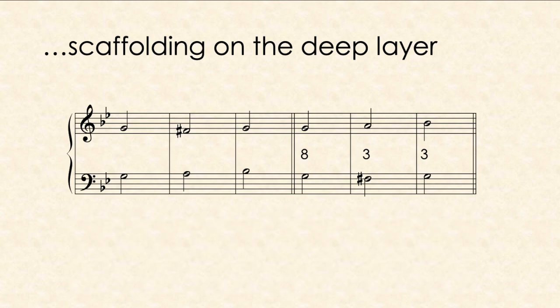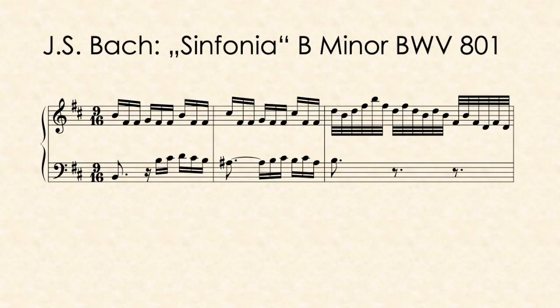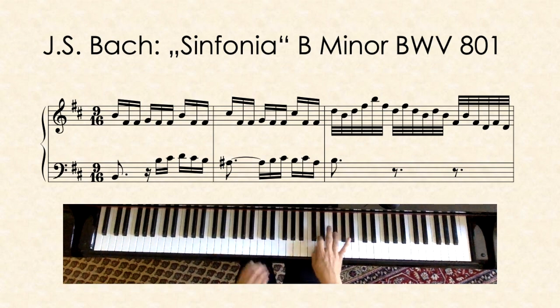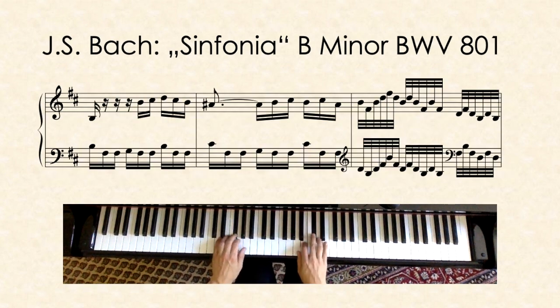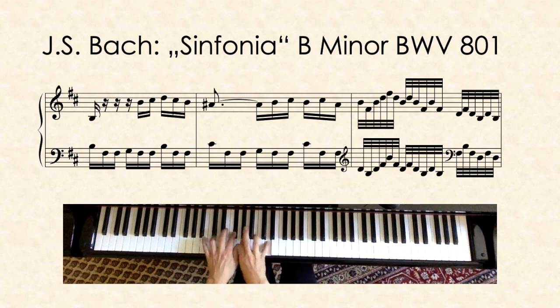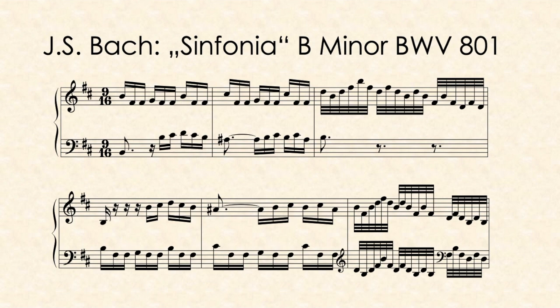Let's have a quick look at another opening example to prove what I just explained. Though the foreground layer and character of the piece is very different, we find the same skeleton and inversion type when looking at the main beat of every bar: the ascending line from 1-3, and the cantizans as fitting counterpoint.